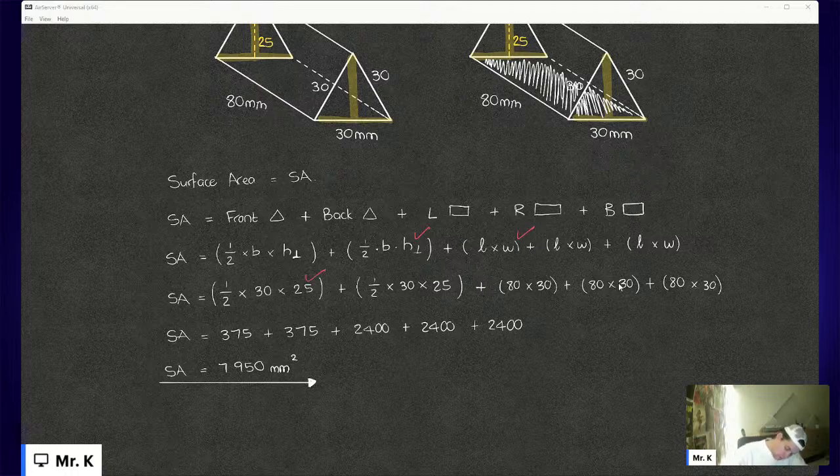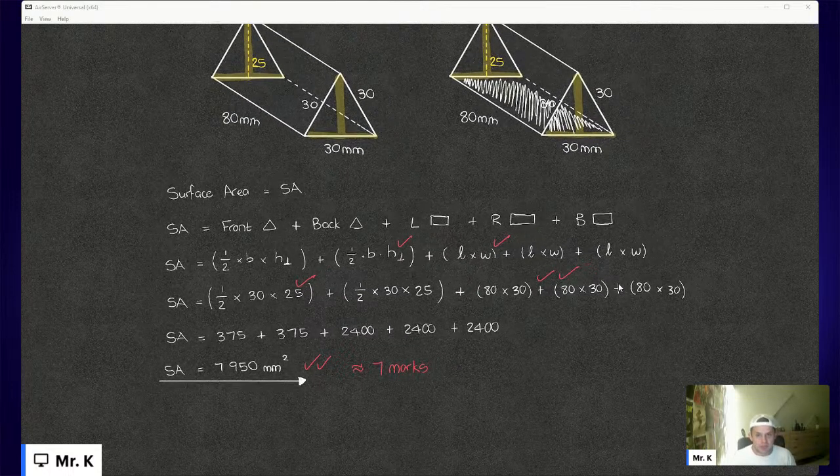You would get a mark for your triangle and 2 marks for your rectangles and 2 marks for your final answer. So 1, 2, 3, 4, 5, 6, 7 marks, roughly, for your surface area calculation. It's a lot of marks, guys.